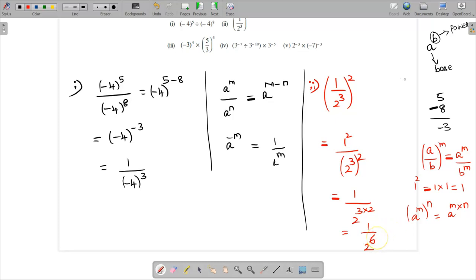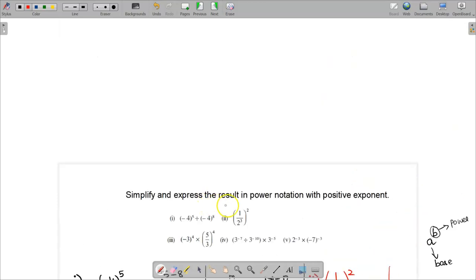So the final answer for the second subdivision is 1 by 2 power 6. If we wanted we could simplify further, but here we need to keep the base as it is and the power positive. The result should be in power notation only, with a positive exponent.